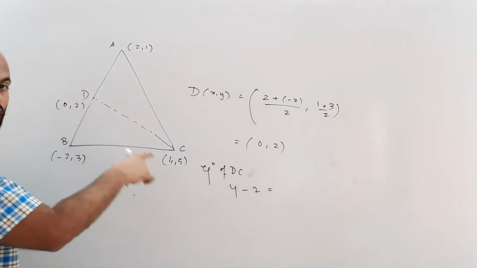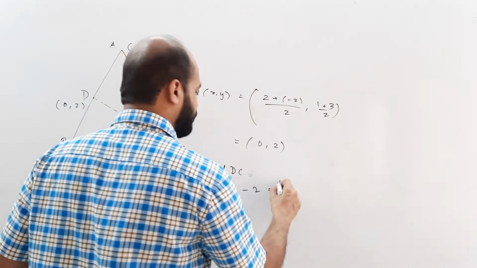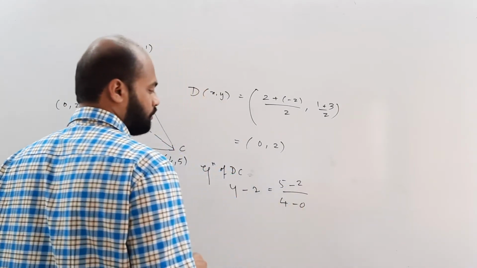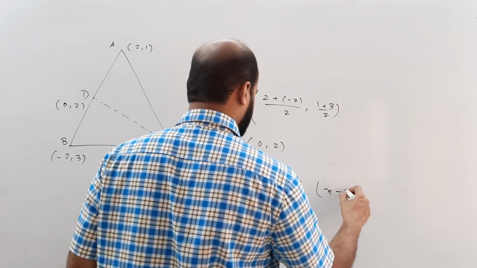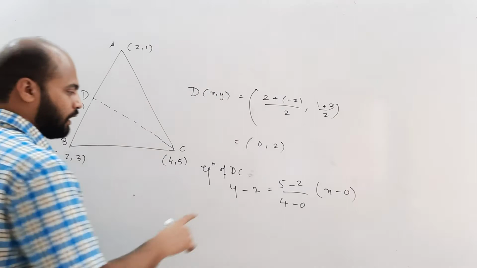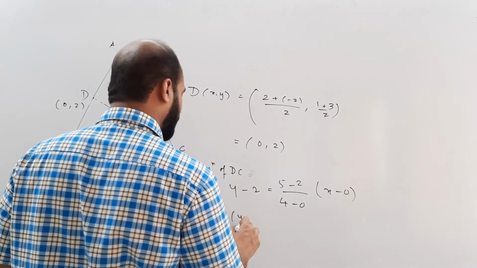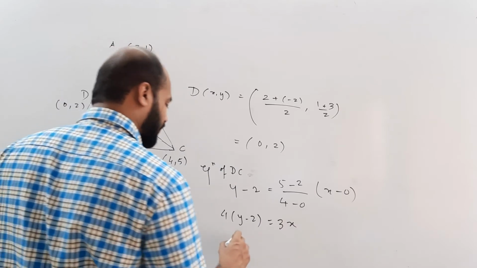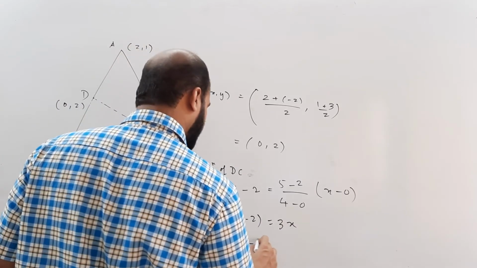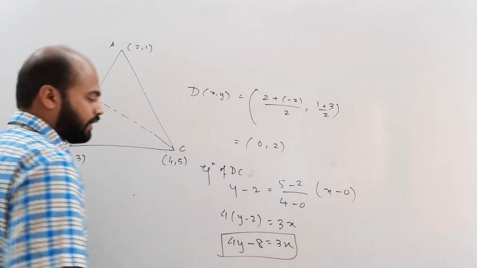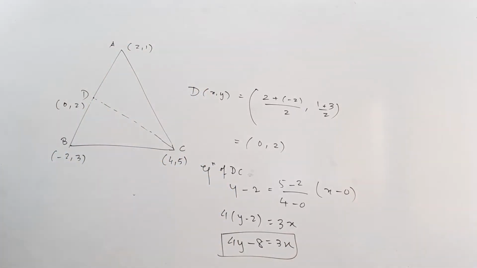M over here is the slope of DC, which is going to be 5 minus 2 by 4 minus 0 into x minus 0, because this x coordinate is 0. Now once you find this, it's going to be 4 into y minus 2 is equal to 3x. So the equation is going to be 4y minus 8 is equal to 3x. That is the equation of this line, that is line CD.